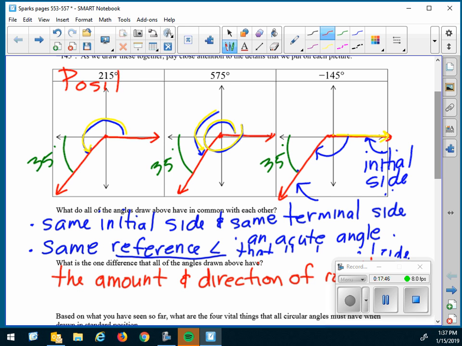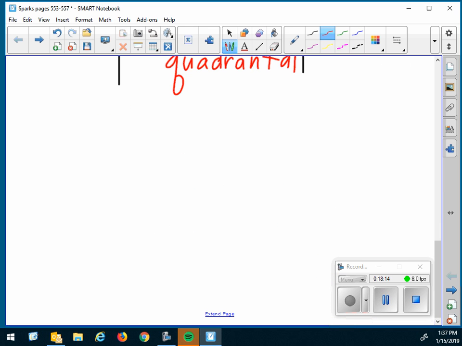A positive angle has counterclockwise rotation. That's counterintuitive, isn't it? You don't think it ought to go that way. Yeah. But it goes the same way that the quadrants do.